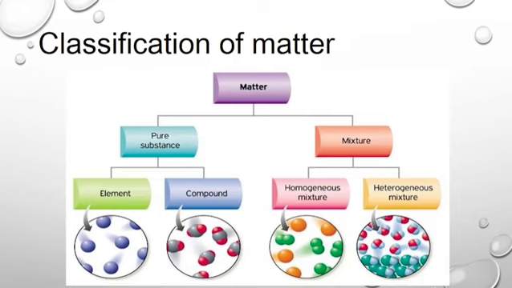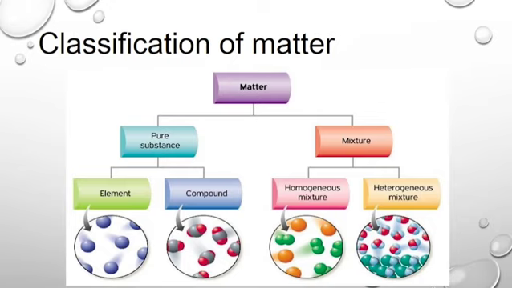Here this term fixed composition is very important for pure substances because they always have a constant structure. For example, a water molecule is made of two hydrogen and one oxygen atom, and this composition remains as it is whatever the physical form it takes.